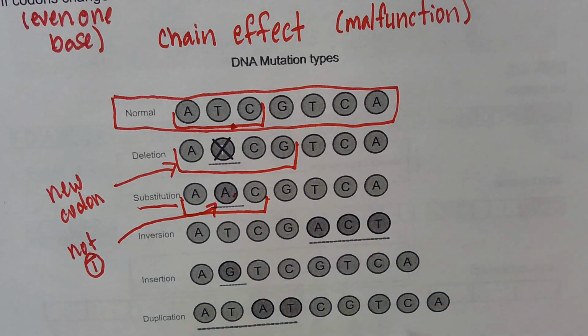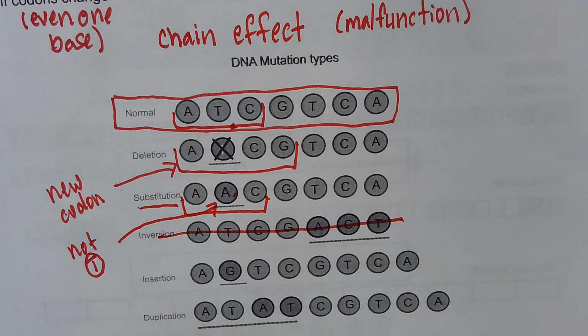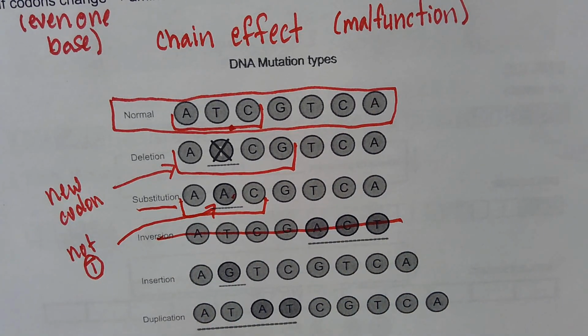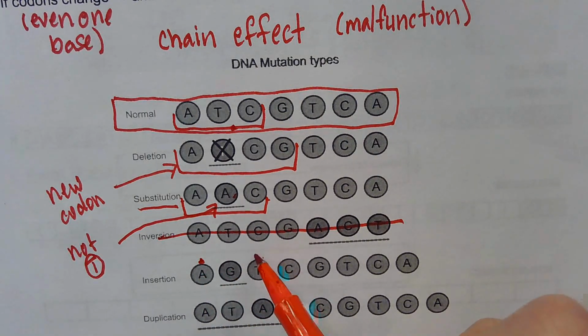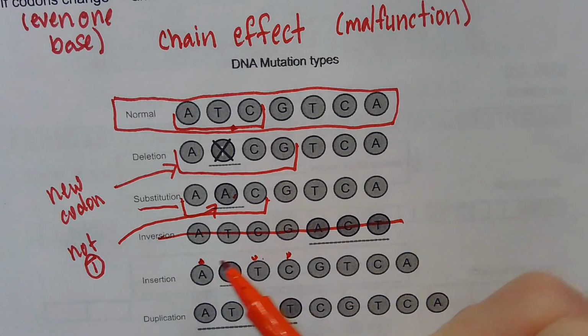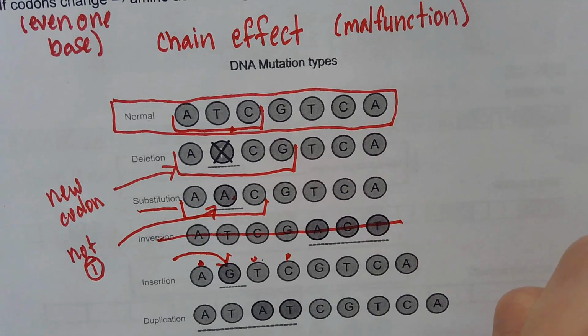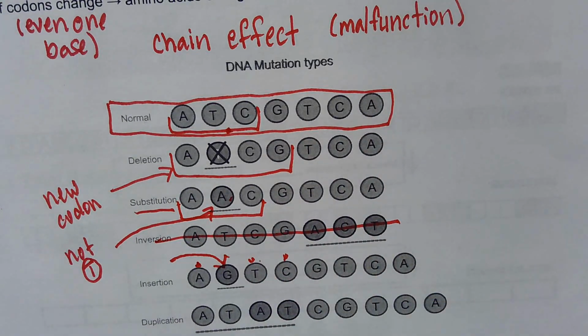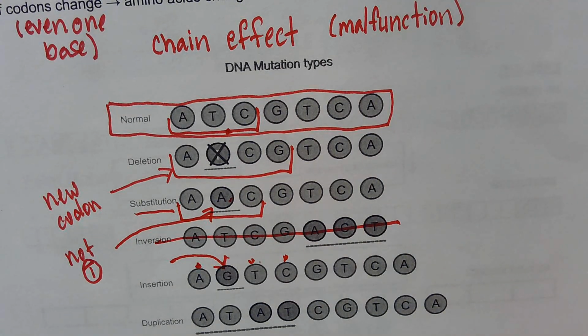We're not going to worry about inversion. Insertion means, okay, so it was originally ATC, but now a G has been inserted in between the A and the T. So if our codon changes, what changes? The amino acids change.